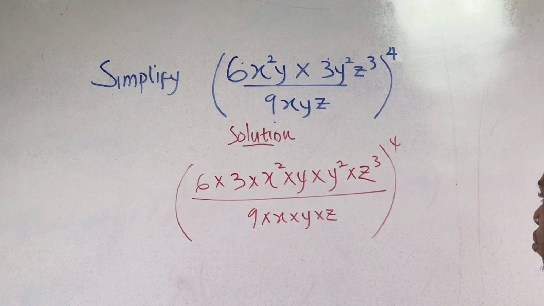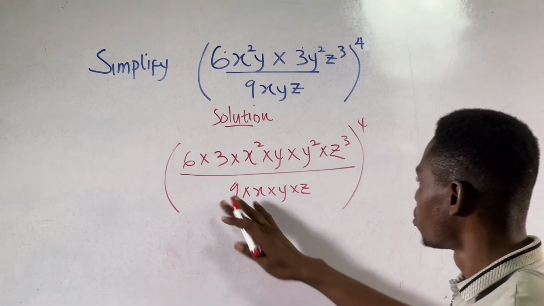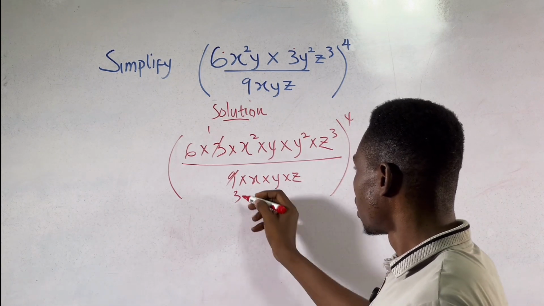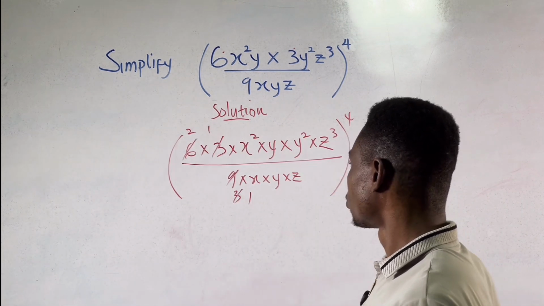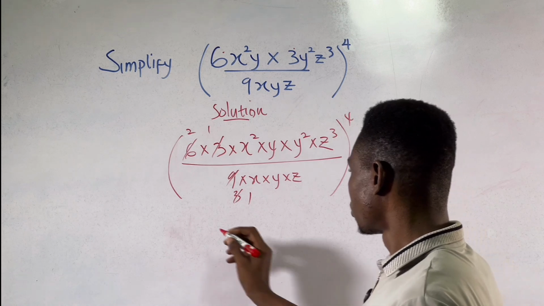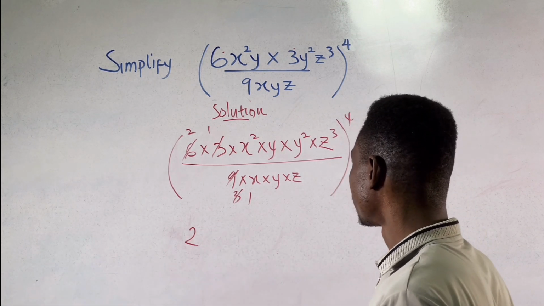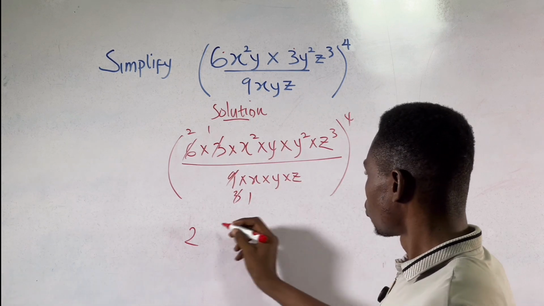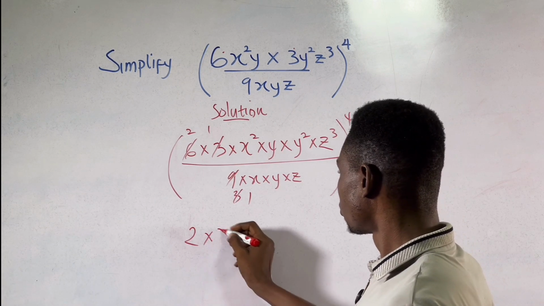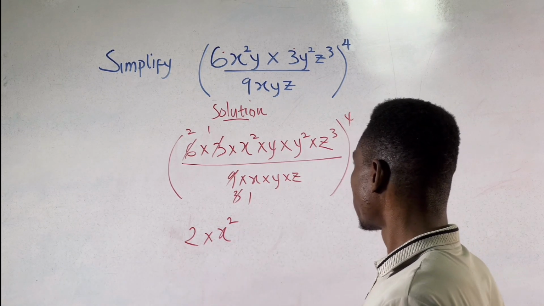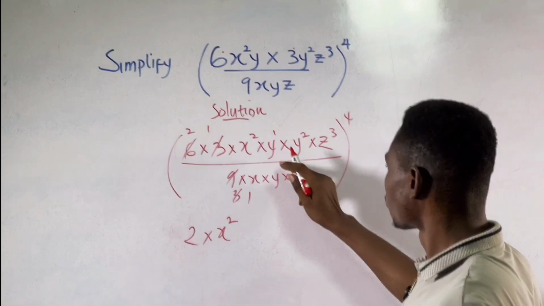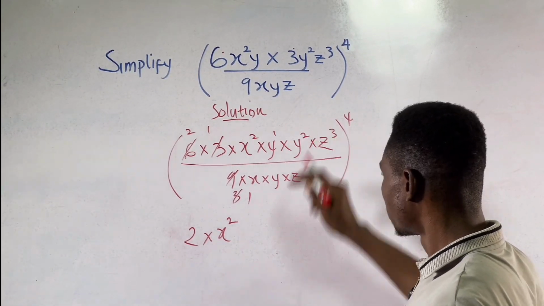Okay, so from here we can cancel 3. 3 in 9 is 3, and 3 in 6 is 2. So numbers left we have 2. Now for x we only have 1 x up there, so we'll have 2 times x squared. Now for y, remember the law of indices: when you're multiplying same number you add the powers.